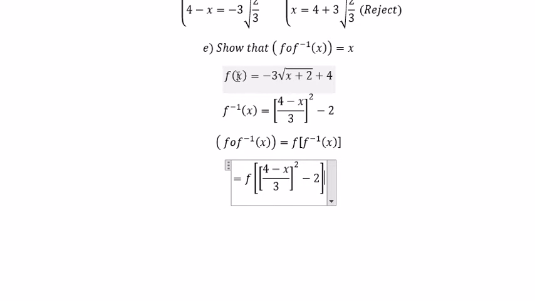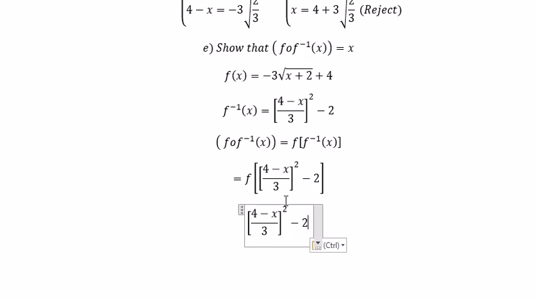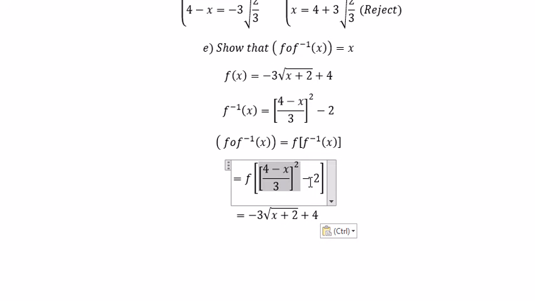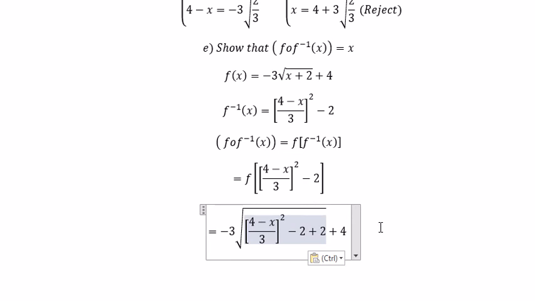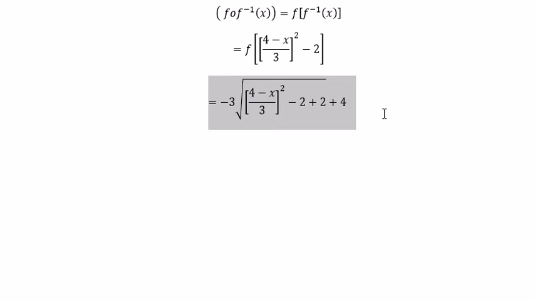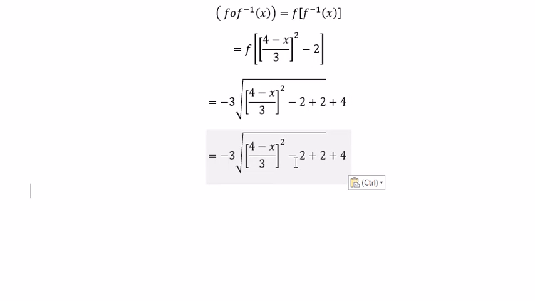And now we have f of x in here. We put inside this one. And we got about, so we put this one. We put this one in x. And now we need to calculate in here. Negative number 2 plus 2, they will cancel.